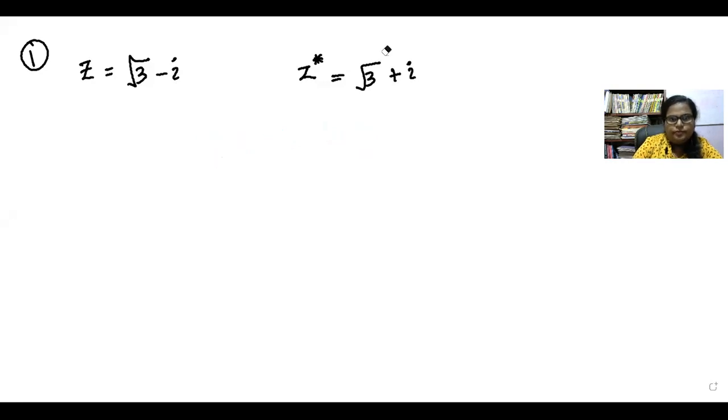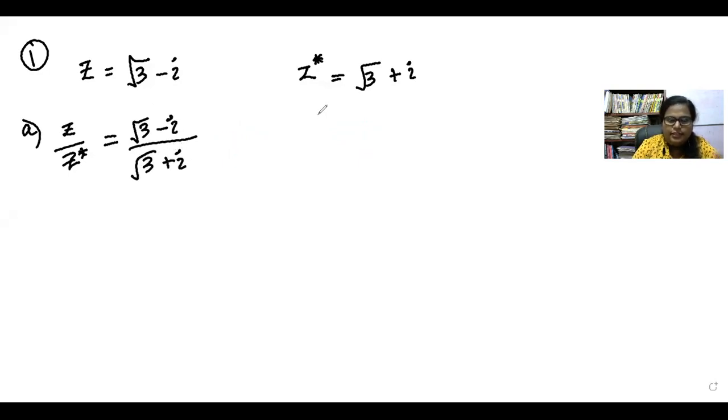So here, in the first part of this question, it is asked to find Z over Z star, right? So you can see now we already have these two values, complex number Z and Z star. So it is this one, right? So the question, it is given this complex number.